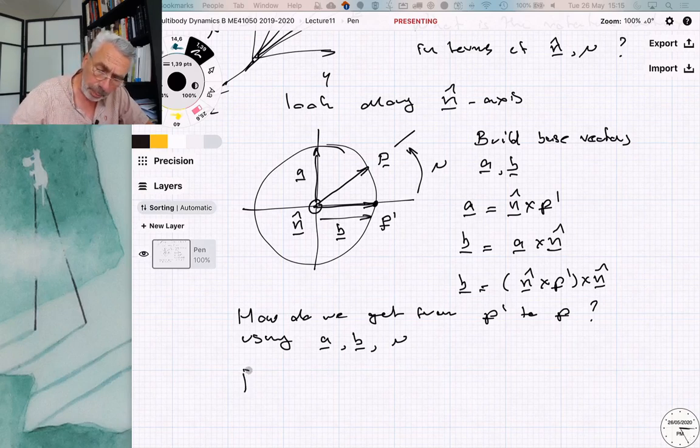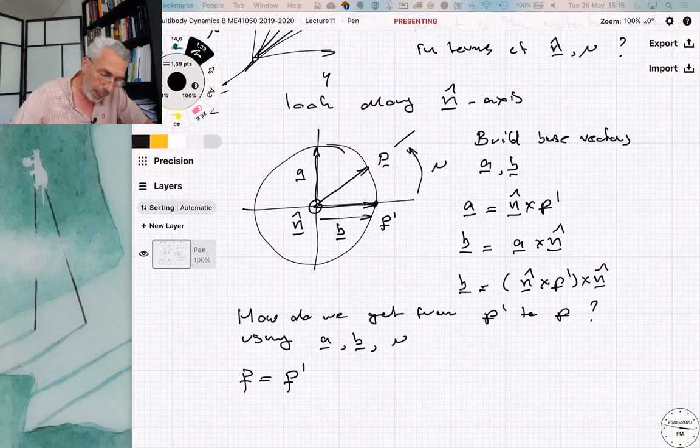Okay, let's start. So to get here, we start here. This is our starting point, P prime. Then I have to walk in the direction of B and in the direction of A to get there, but I cannot take the whole direction of B and the whole direction of A.